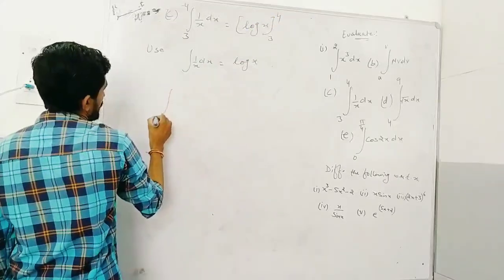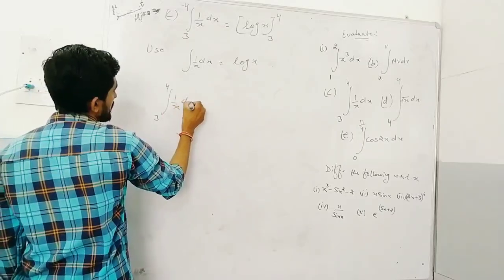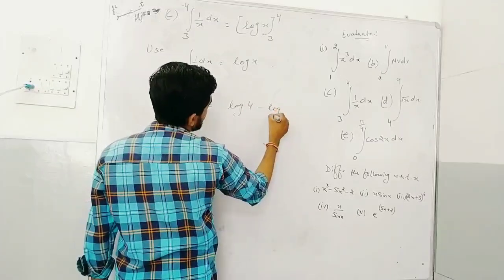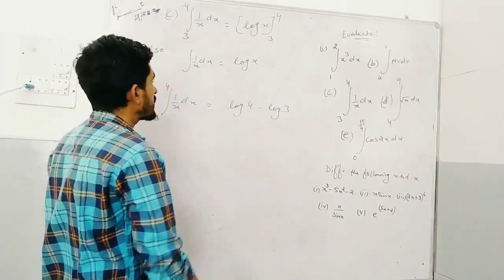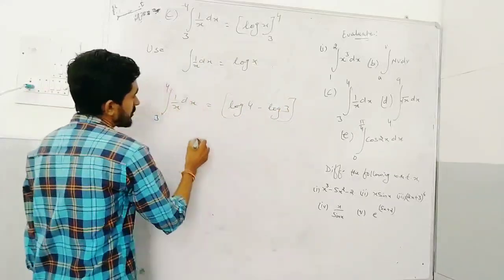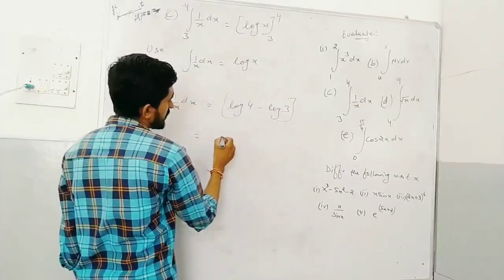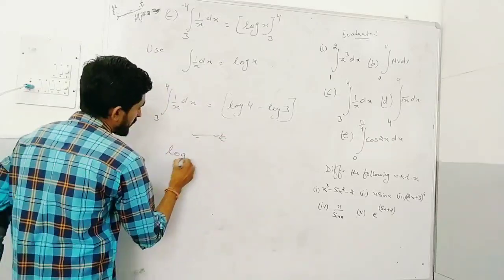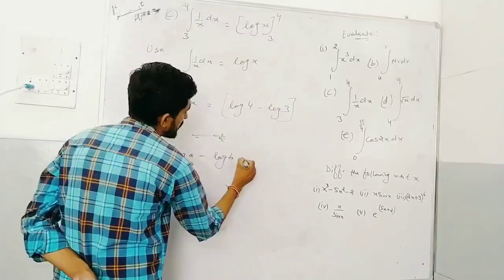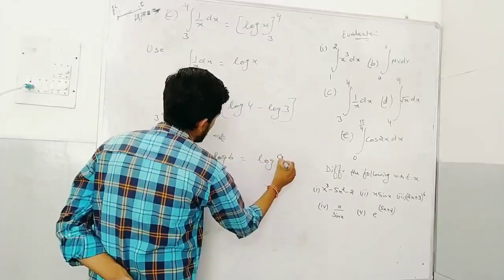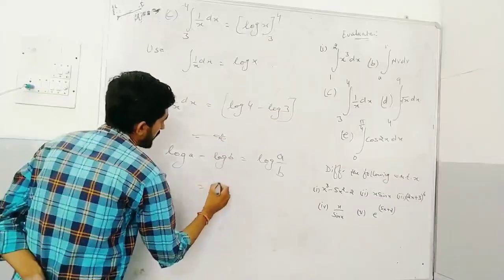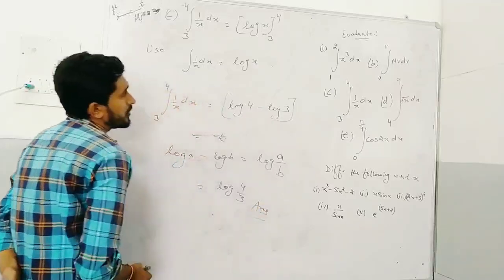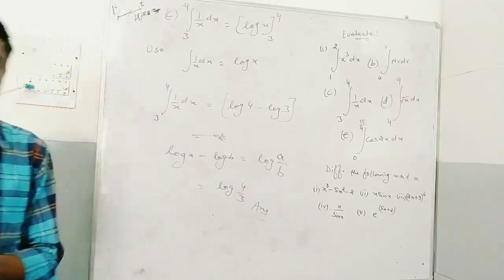Then it becomes log 4 minus log 3. Log a minus log b gives log a upon b. Use this formula here. My final answer is log 4 upon 3. This is my answer for C part.